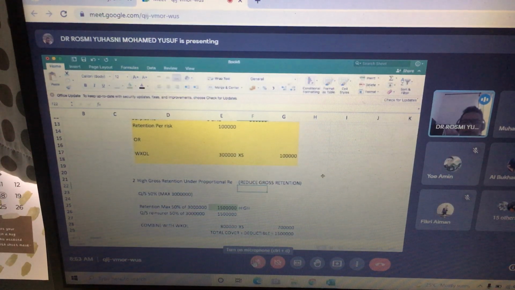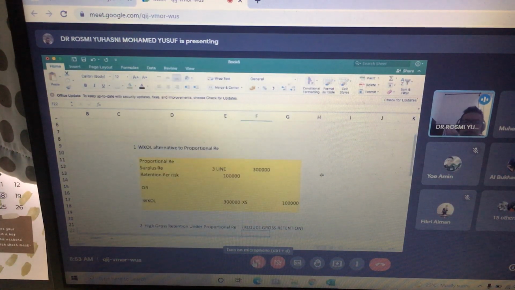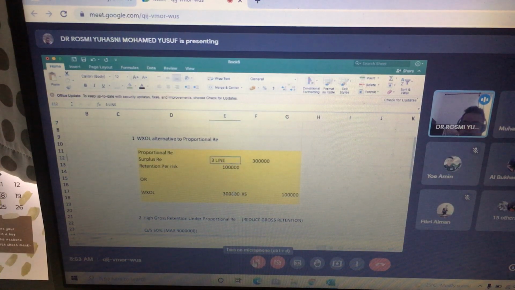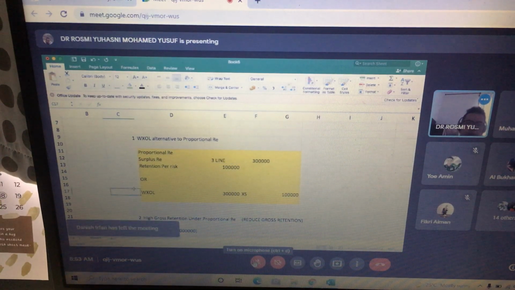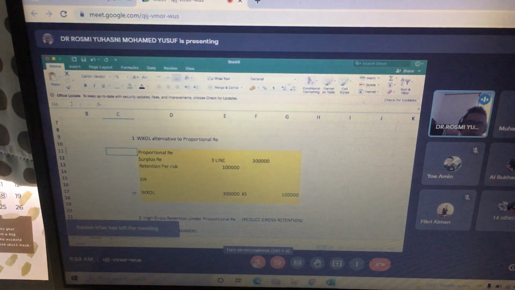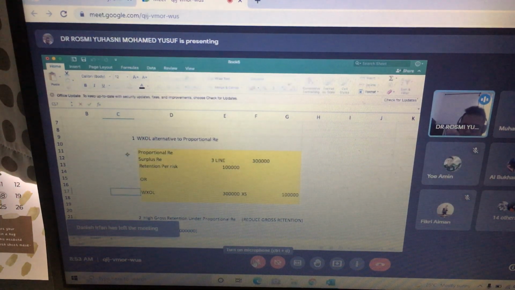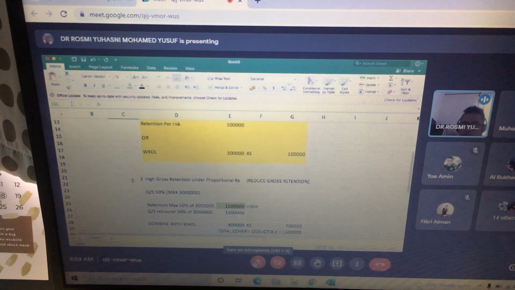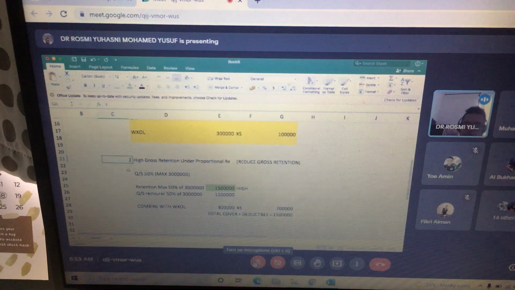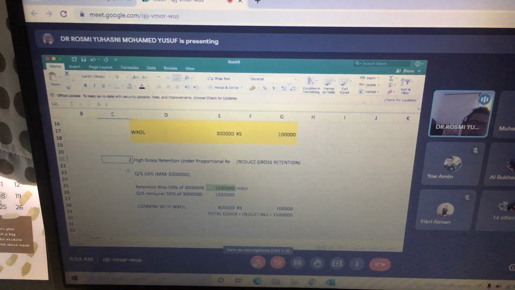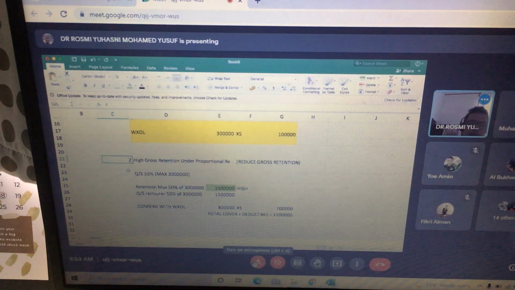The two different strategies, dua strategi yang berbeza. Satu sebagai substitute. Kalau tak nak ini, boleh guna ini. But for number two, this is not substitute. Working excess tu bukan substitute, but it's a complementary. They complement the proportional re.